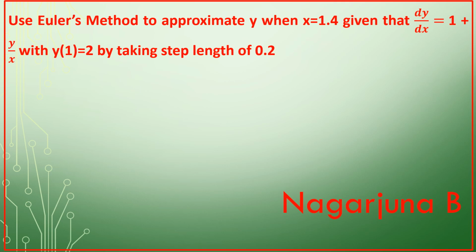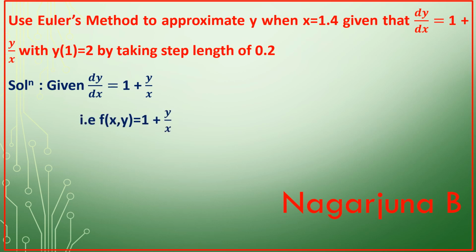So solution: given dy by dx is equal to 1 plus y by x, that is f of x comma y is equal to 1 plus y by x. Here they have also given y of 1 is equal to 2, that is x naught is equal to 1 and y naught is equal to 2.